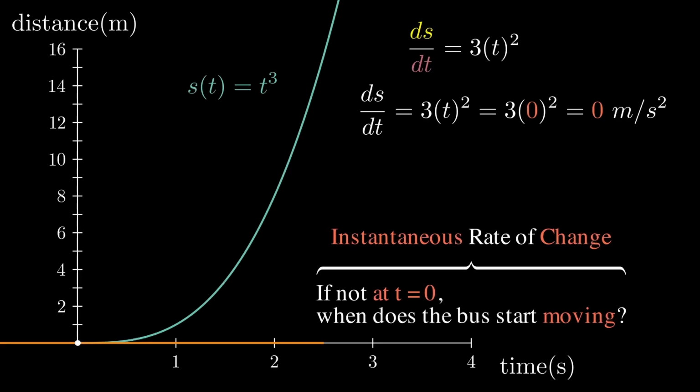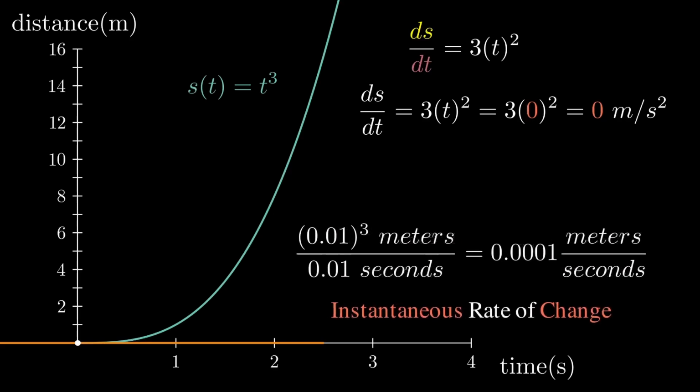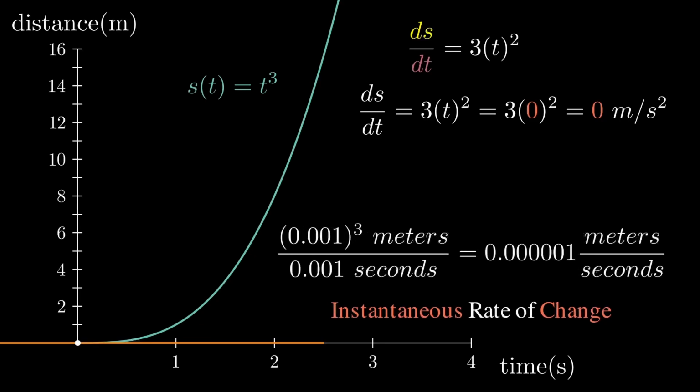So what's happening there? When does the bus start moving? You might think of it like this: if I take a really small value in time, let's say 0.001 seconds, the distance covered will be 0.001 cubed, and I will get velocity as a really small value, right?